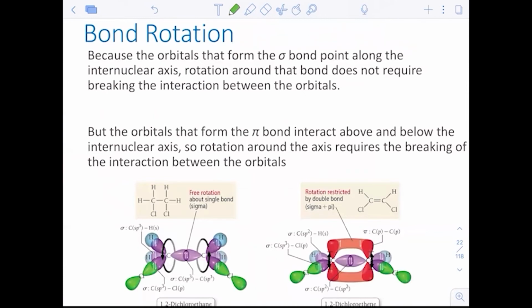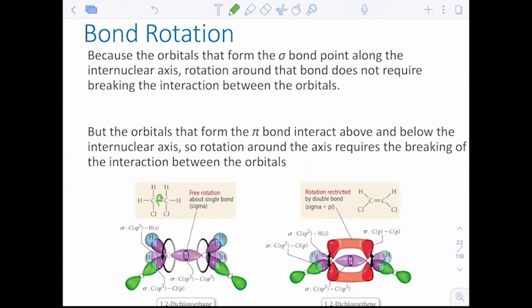Now, a couple of things about that double bond. We said before a double bond is stronger than a single bond. Well, that's because a single bond is simply just a sigma. A double bond is a sigma with a little icing on top, the pi bond. Now, even though the pi bonds are weaker than sigmas, they're additive in strength, meaning a sigma and a pi will always be stronger than just a plain old sigma. What we also see is that in a single bond we have free rotation around this one bond.